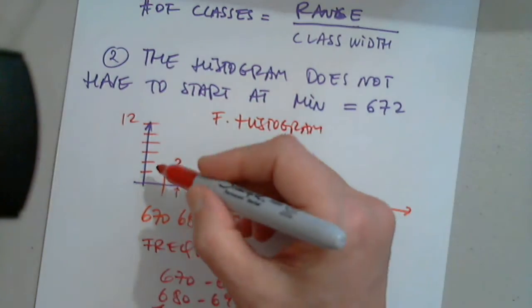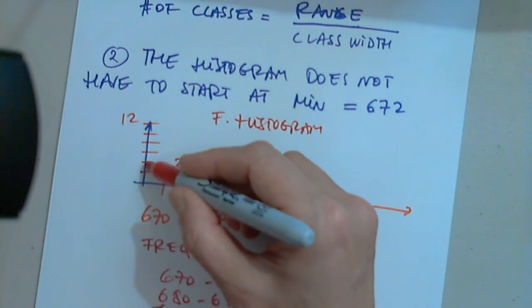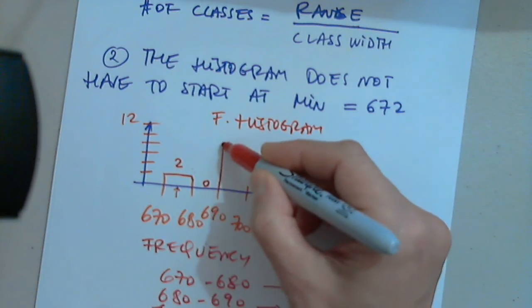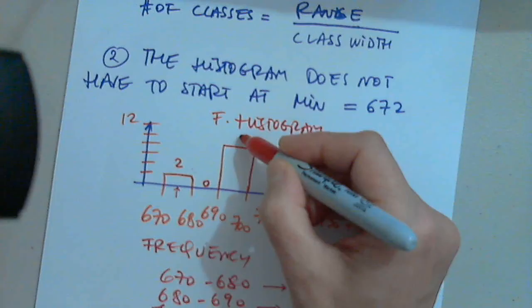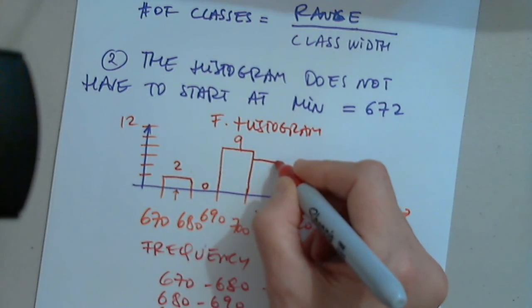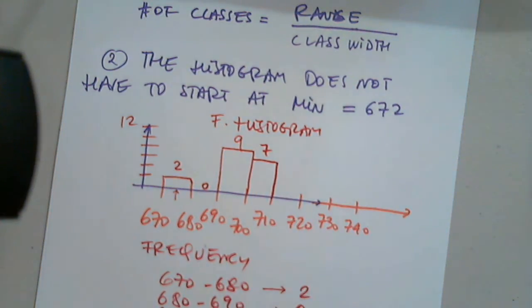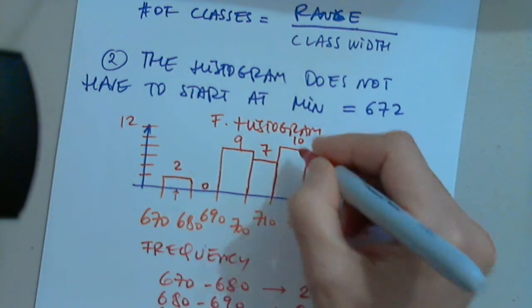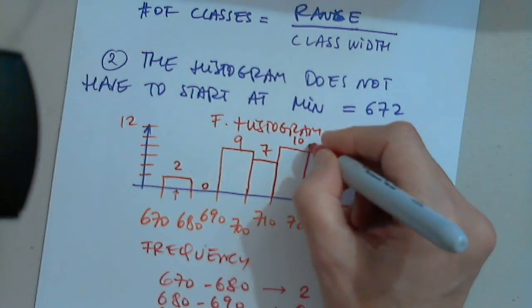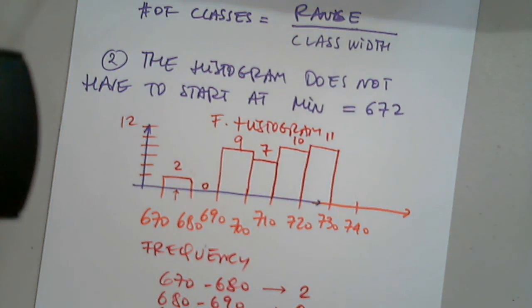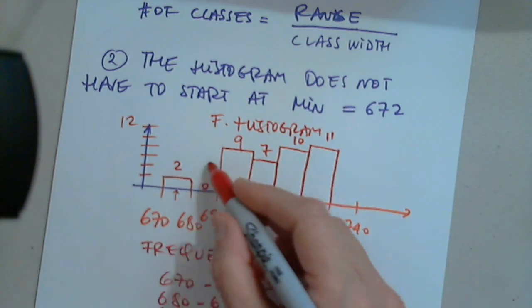The next one is 9, so it's 9 right here. Then the next one is 7. The next one is 10. The next one is 11. And the last one is 6.